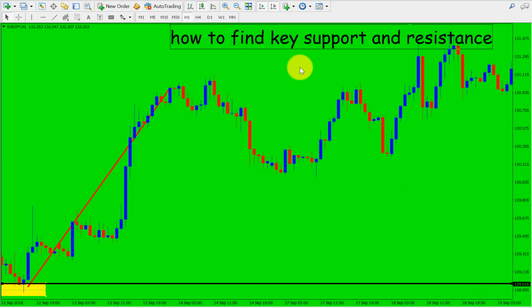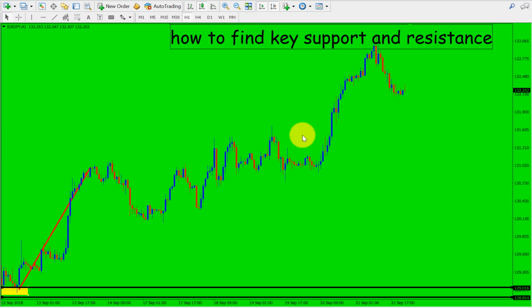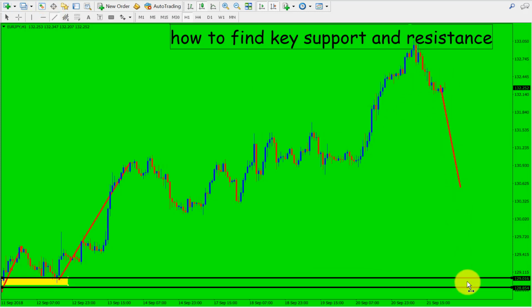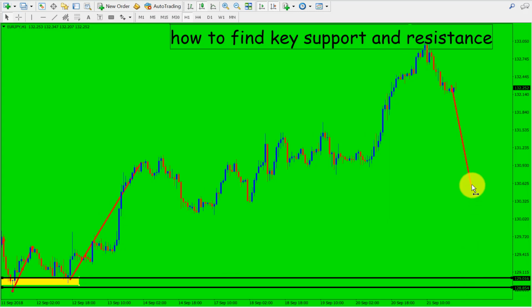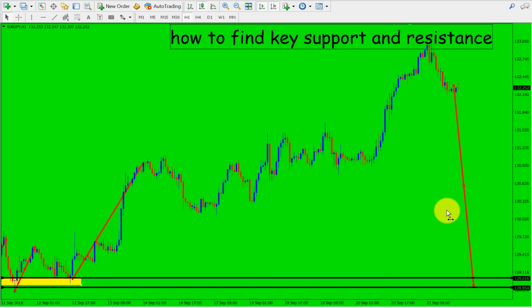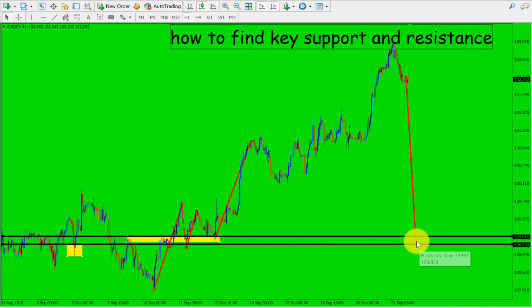and if we zoom out, then we can say that if price comes from here to here, from here to here, and price breaks down here, I'm zooming out, price breaks down here sharply, and then if price again goes from here to here, we can sell here.